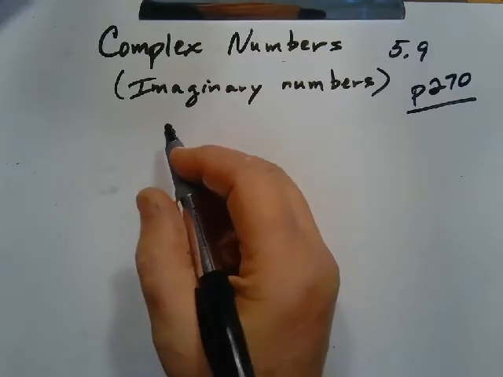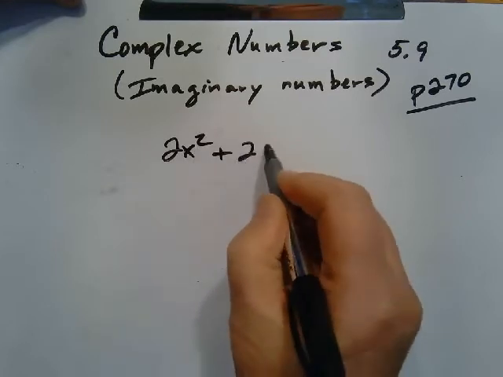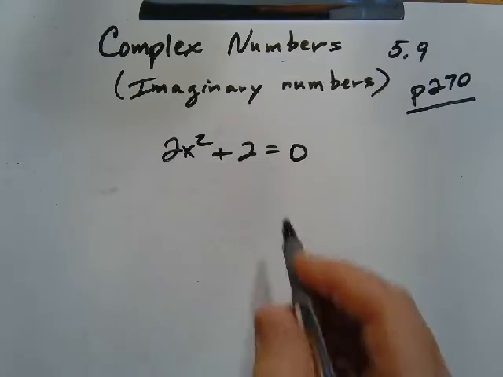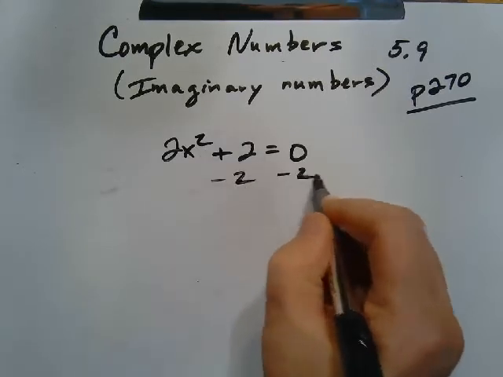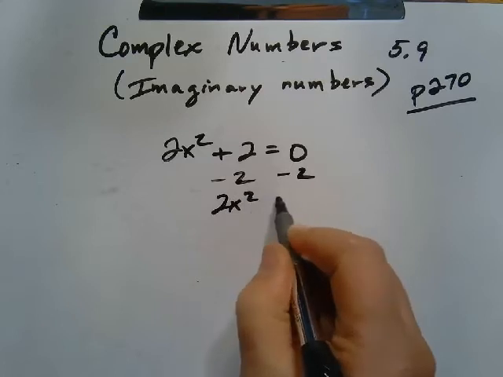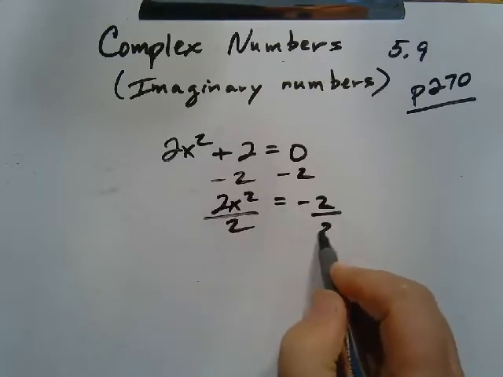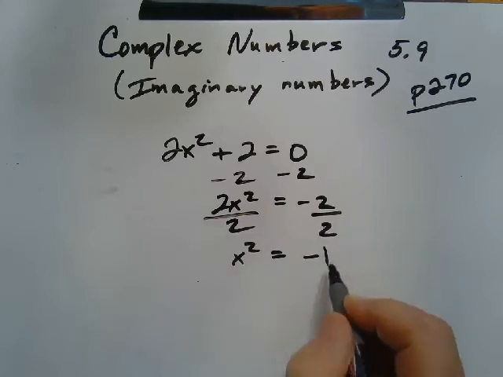Sometimes you'll get a problem in math, for example, 2x squared plus 2 equals 0, and mathematicians look at that and say, well, x has got to have an answer for that. If we solve this equation for x, we subtract 2 from both sides, and we divide both sides by 2, and we end up with x squared is equal to negative 1.